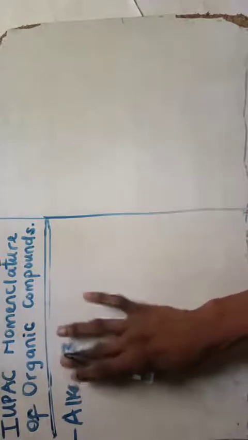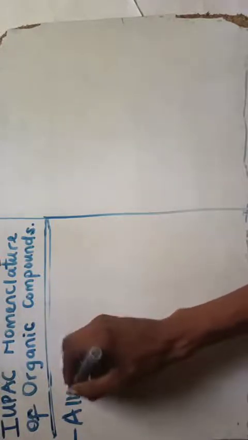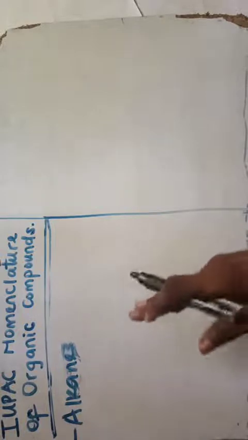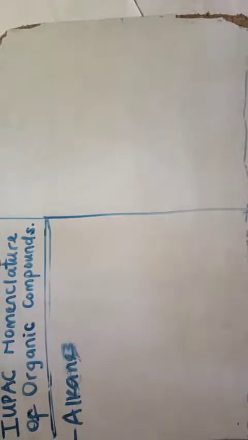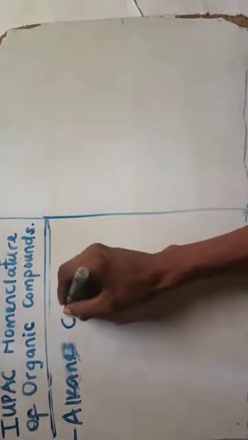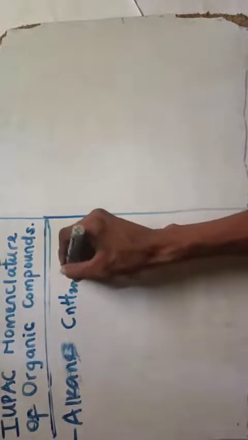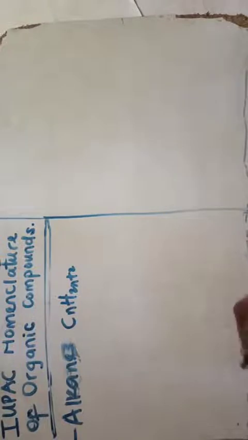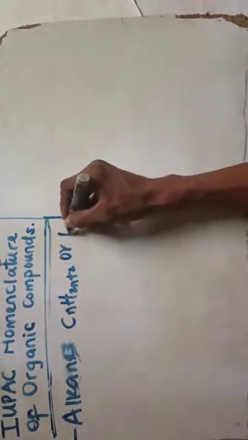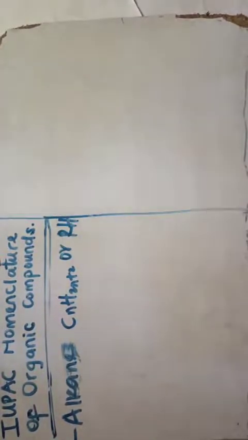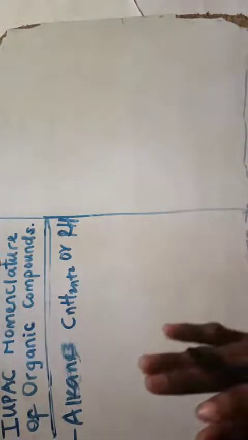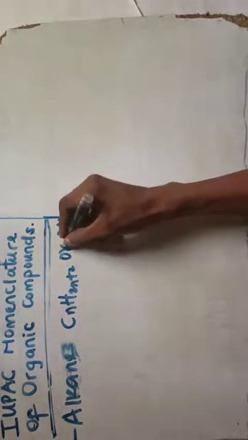This alkane family has the formula CnH2n+2, or you can simply write it as RH. This R signifies the attachment.